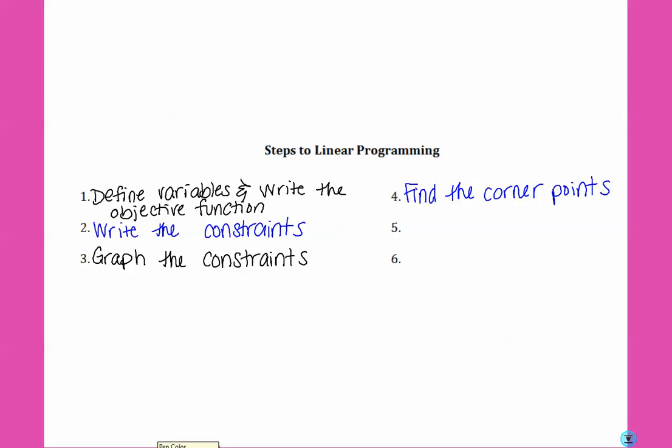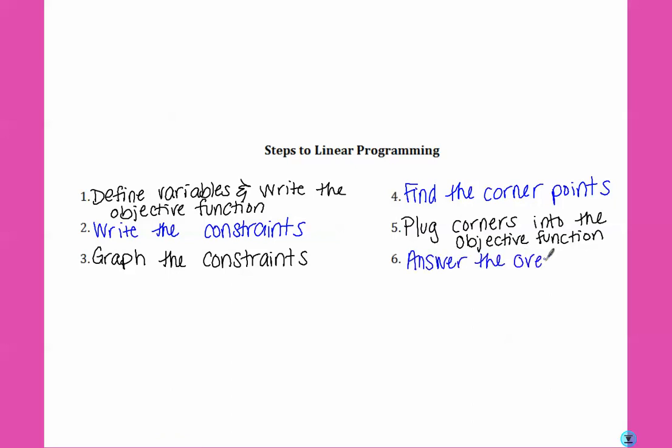Then what did we do with the corner points? Which equation? What was that called? Good. Plug the corners into the objective function. And then your last thing is to answer the overall question, which for us in this one was how many people can we help?